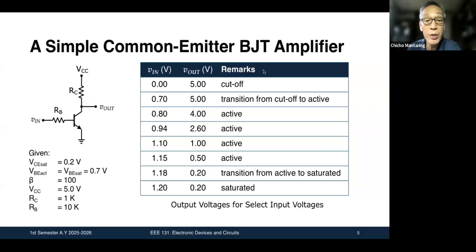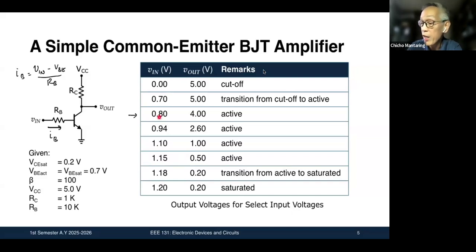Now, I hope you still remember how to do these computations. These are the very basic computations for bipolar junction transistors. So first, what do you do? For this particular case, first you compute for IB. What is IB? IB is simply V in minus VBE over RB.